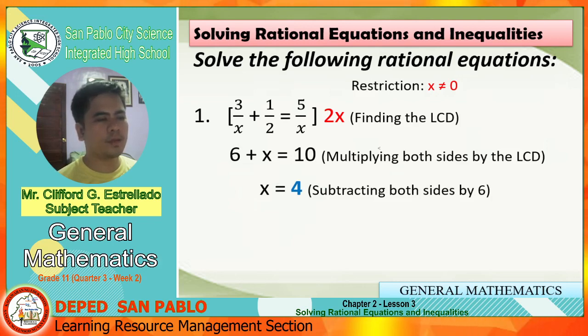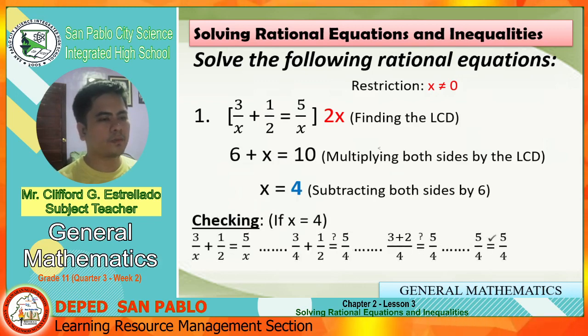Okay? And let us now do the checking. For us to check, we will just replace x by 4 in our given equation, 3 over x plus 1 half is equal to 5 over x. If we replace it by 4, we have 3 fourths plus 1 half is equal to 5 fourths. Okay? So we have 4 as the LCD. 4 divided by 4 is 1 times 3 is 3. 4 divided by 2 is 2 times 1 is 2.